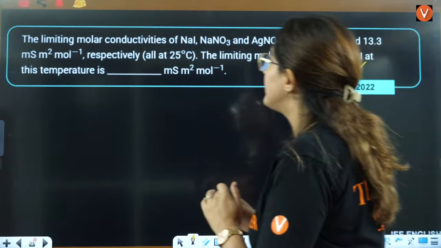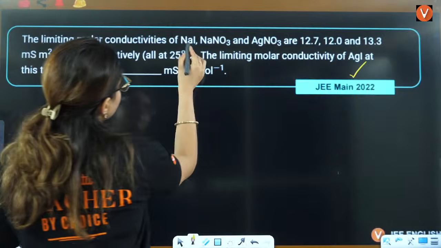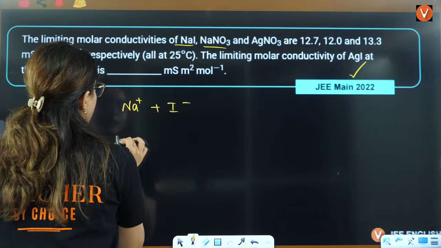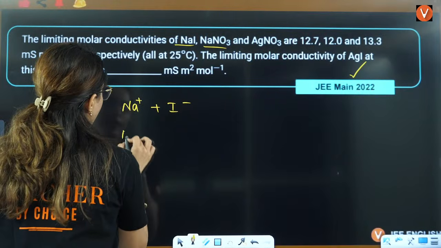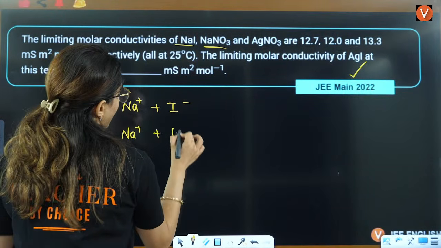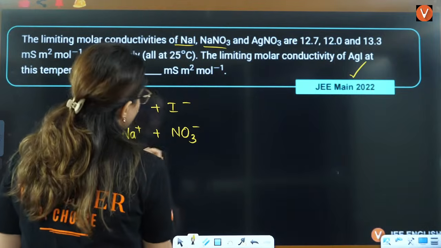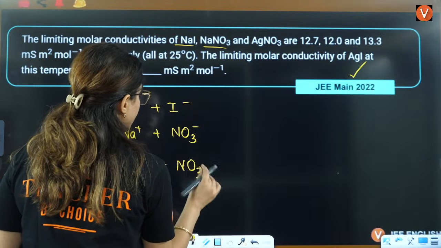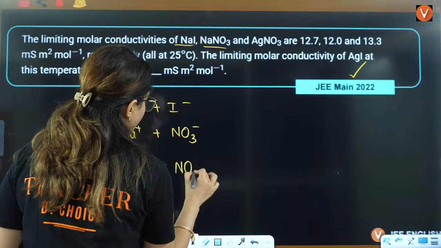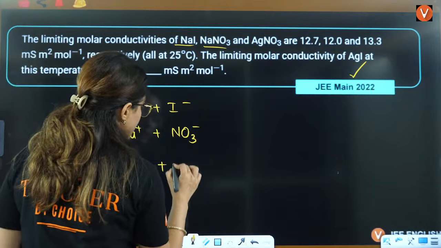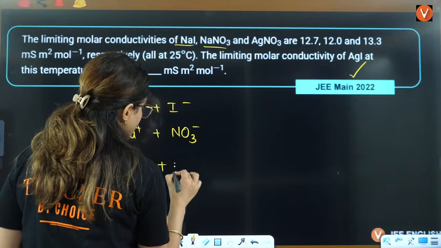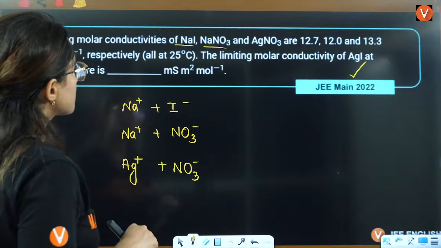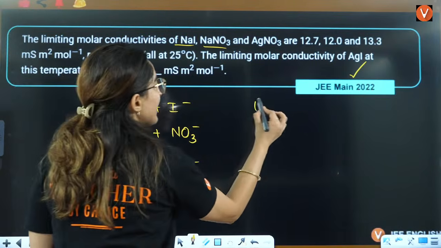The question is the limiting molar conductivity of NaI, NaNO3, and AgNO3: Na+ I-, Na+ NO3-, Ag+ NO3-. These values are given. They are asking you the molar conductivity of AgI.